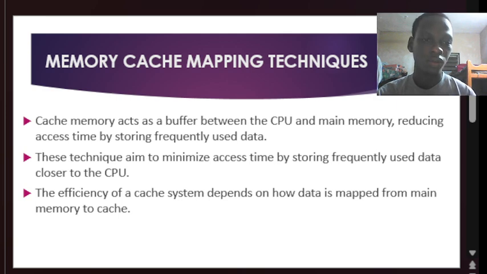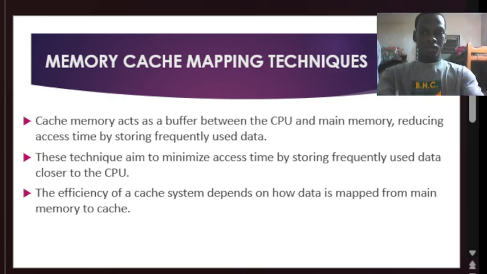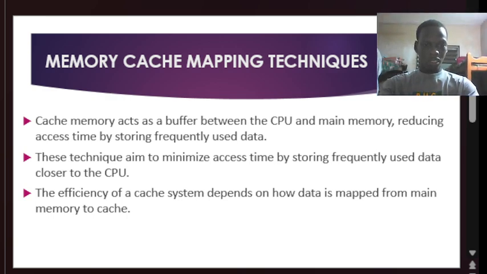So the efficiency of a cache system depends on how data is mapped from main memory to the cache. How efficient it will be depends on the technique being used for the mapping of the data to the memory.